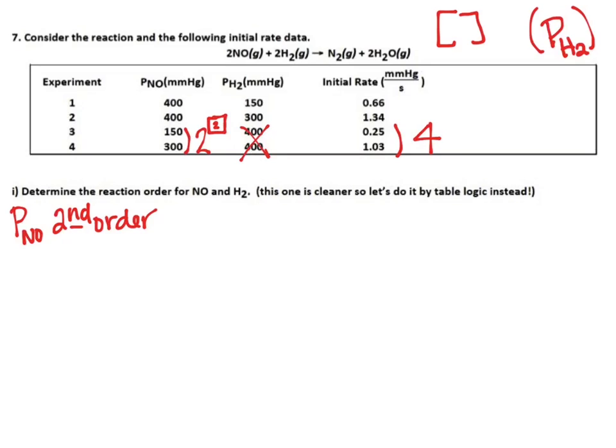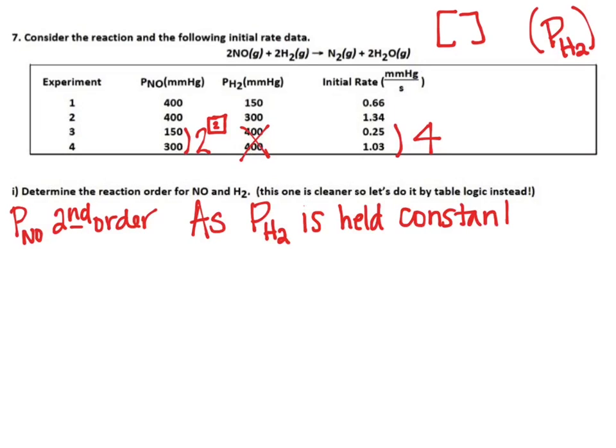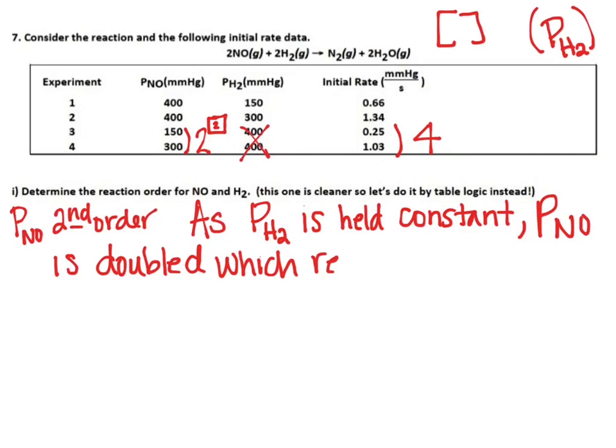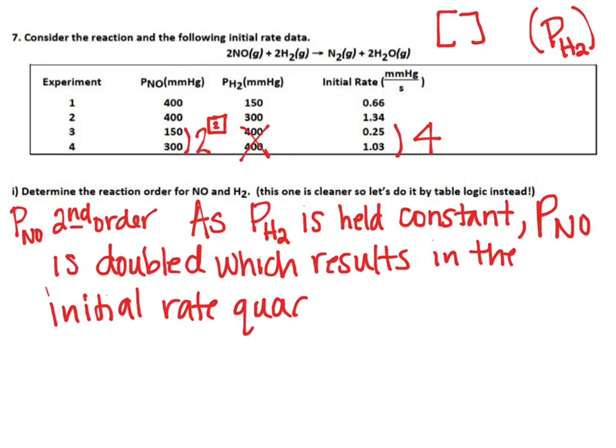So what you can write is: P of NO is second order as the pressure of H2 is held constant, the pressure of NO is doubled, which results in the initial rate quadrupling.